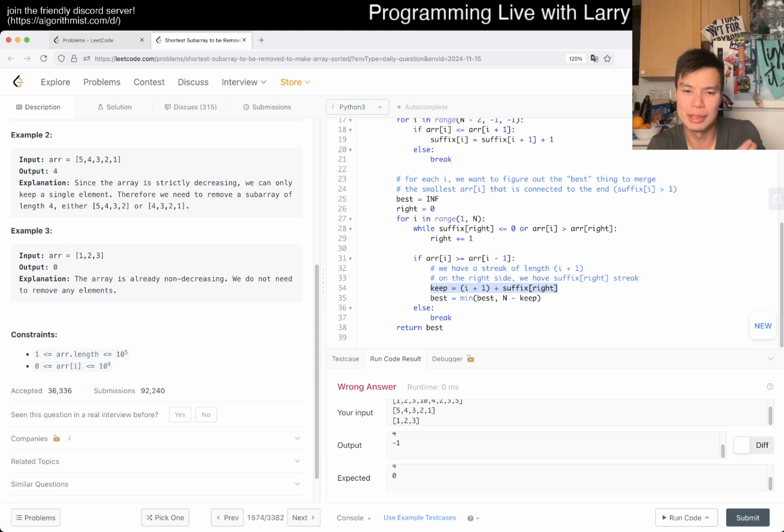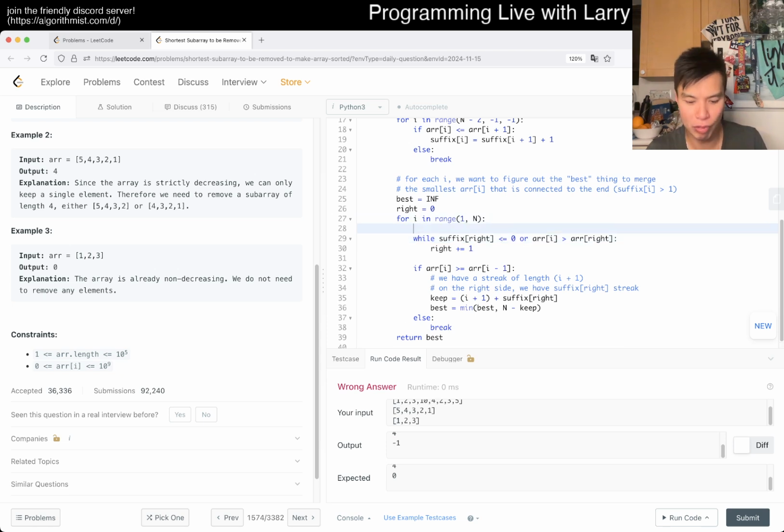Oh, I see. Yeah, I get it. So the case that I'm missing is that I is exactly equal to right. If I is equal to right, then suffix of right would include I, and I plus 1 includes right. So here we want to say right is at least I plus 1, right? Because there has to be at least the next element to connect them. Okay.